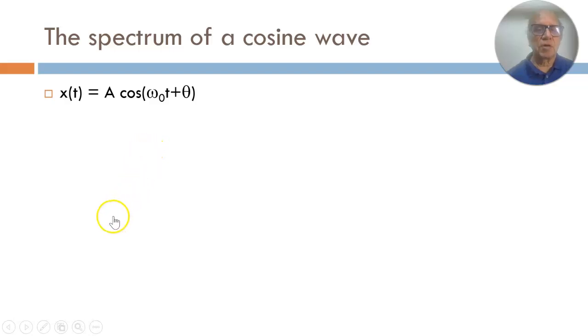One is you plot omega on the x-axis and amplitude on the y-axis using a line plot. In this case, there is a single frequency, so you will get a single line at omega equal to omega naught, whose height corresponds to the amplitude A. And the second plot is frequency on the x-axis and phase angle on the y-axis. Again, you will get a single line.